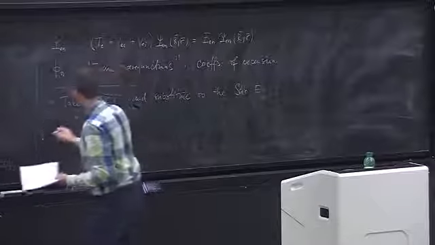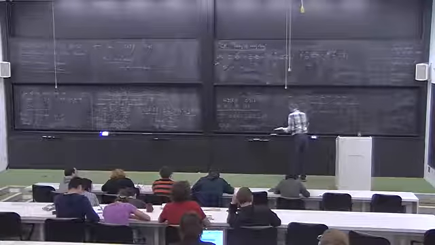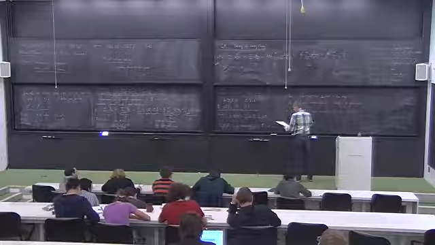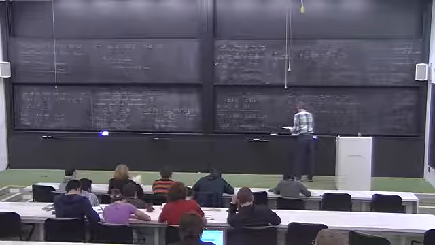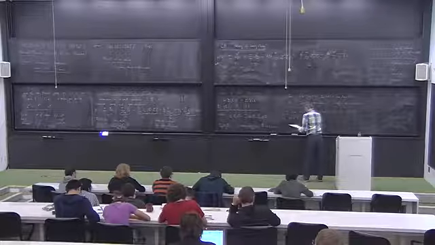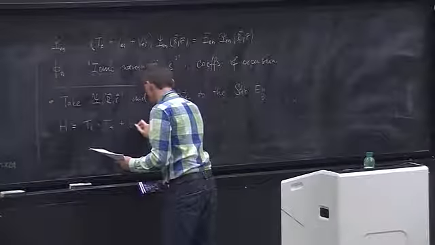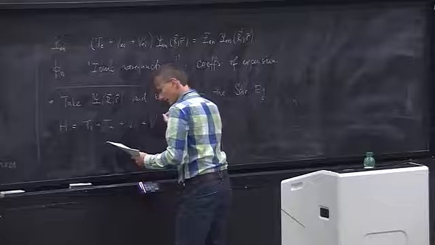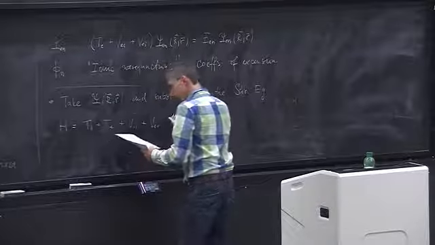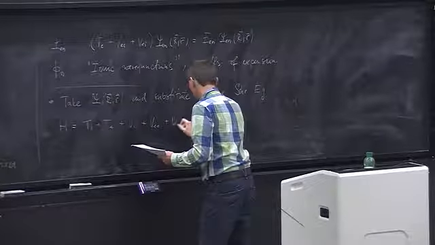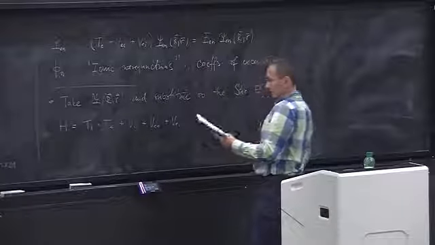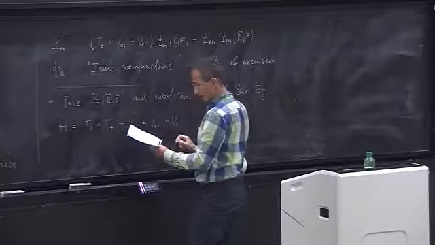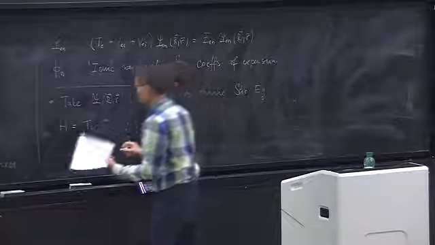So this Hamiltonian H we can write in symbolic form as T_i plus T_e plus V_ii plus V_ee plus V_ei, and the Schrödinger equation can then be written like this.